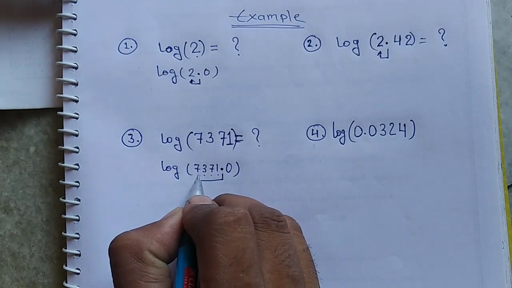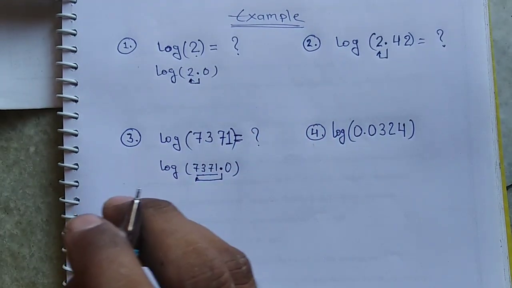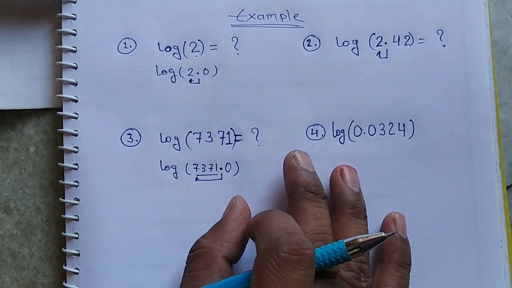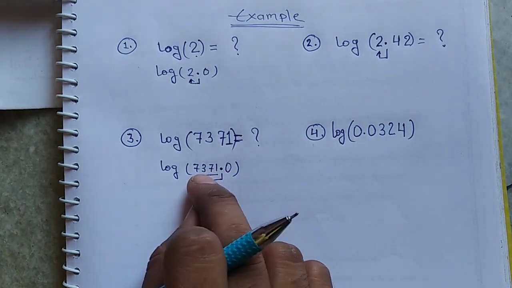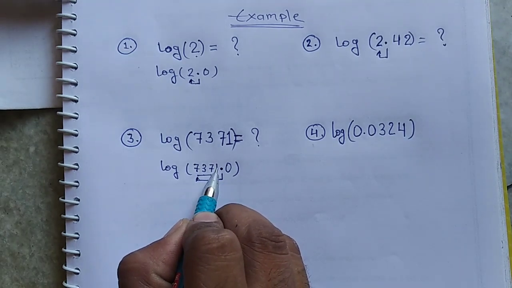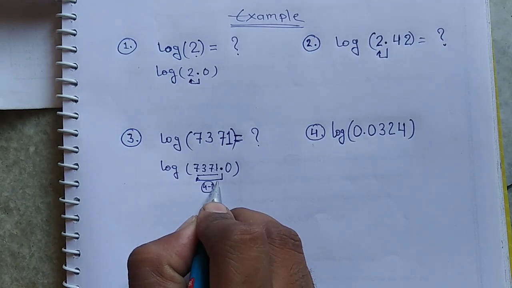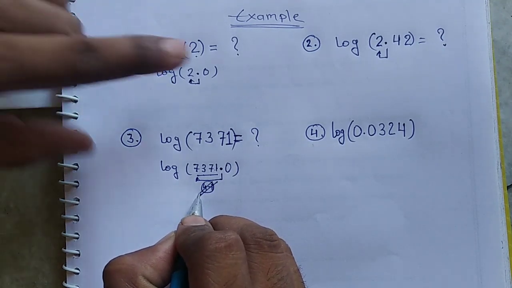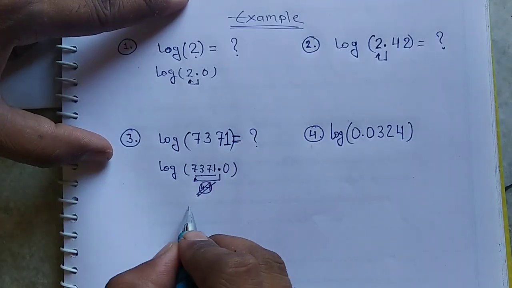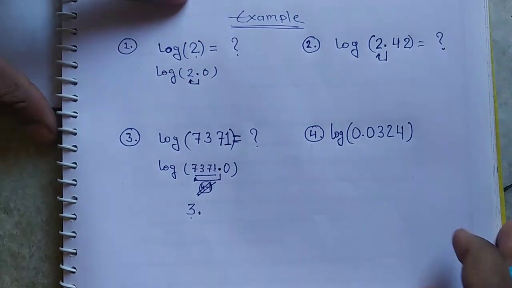You have to subtract 1 from this number of digits, so 4 minus 1 you will get 3. Then 3 will be the characteristic in this example. So let me put 3 over here. This is the characteristic part.